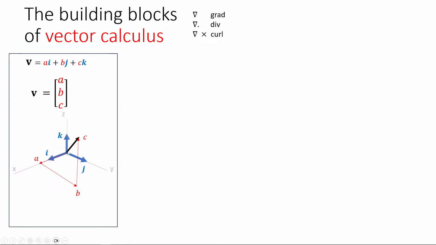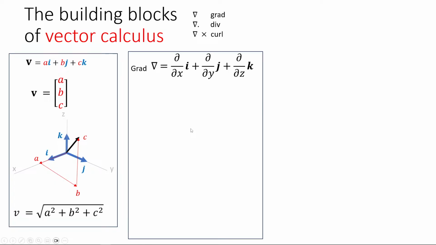And that would be this vector here. So that's a vector with A, B, C in the I, J, K directions. I could express it in this way. If I want to find the magnitude of this vector, you can use the Pythagorean theorem. Yeah, that's how to find the magnitude of this vector.